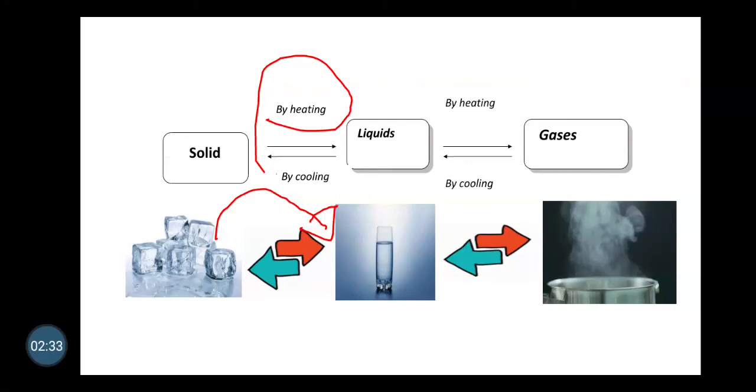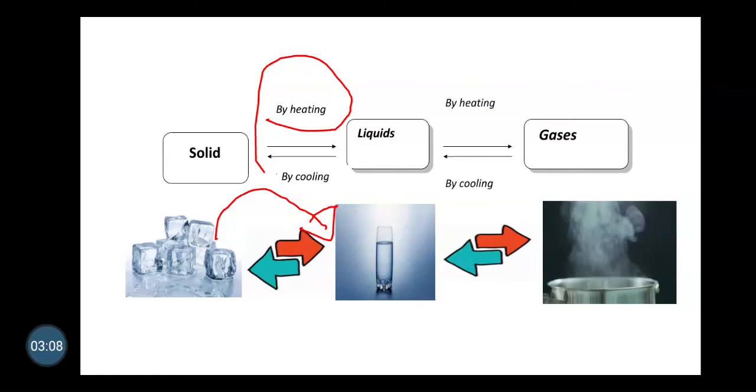Then we will do the third experiment. We will cover the container with a cover, and we will find that water drops form on the cover. This means the water vapor, which was in the gaseous state, changes into water, the liquid state. Did it happen by cooling or heating? It happened by cooling, because I covered it with a cold surface.